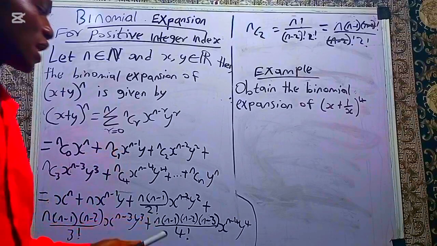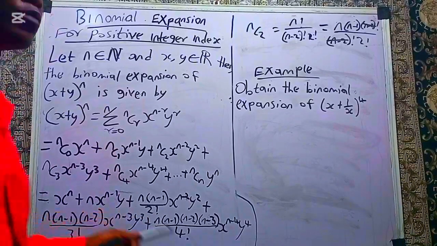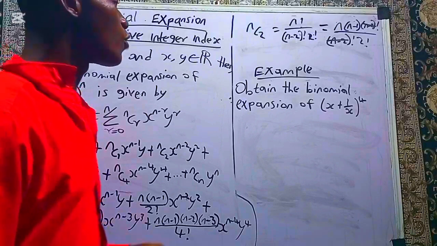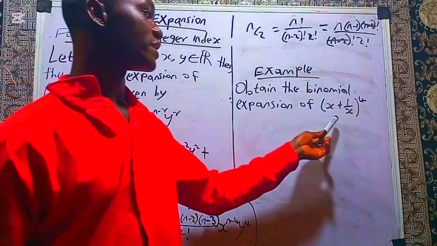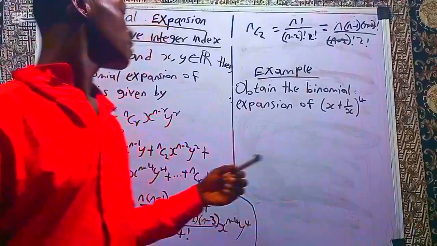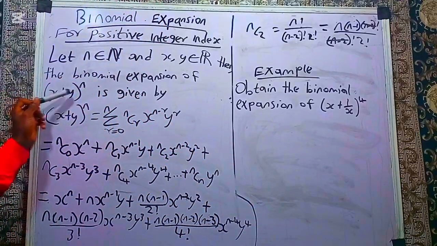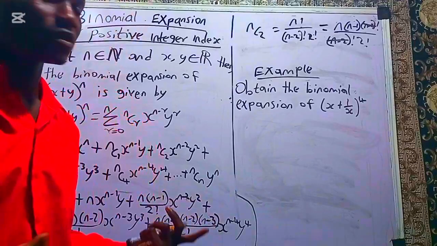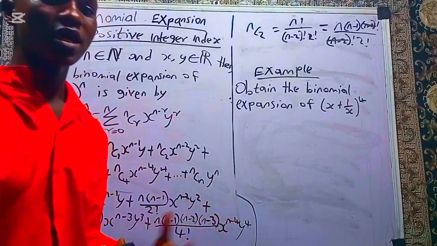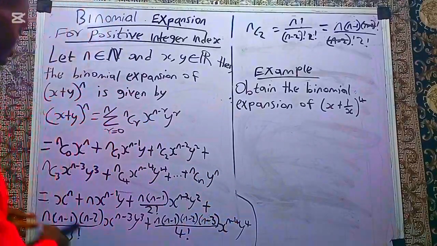So with this, we can easily obtain the binomial expansion of any given quantity of this form, open bracket x plus y raised to power n. So quickly, can we just solve a problem on this and see how we can apply this last formula?